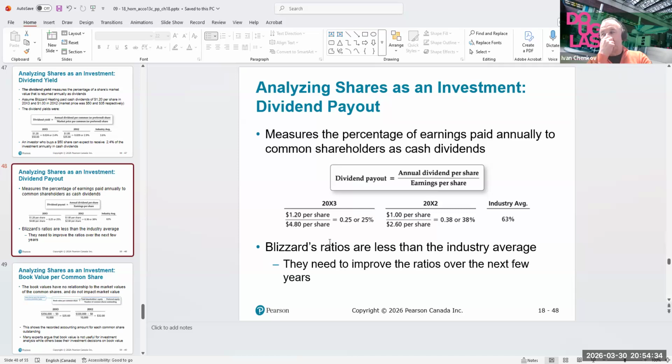This is a very interesting ratio because if you keep that ratio at 100%, that means everything the company earns is paid as a dividend. Most likely, the market price of those shares will be very high.